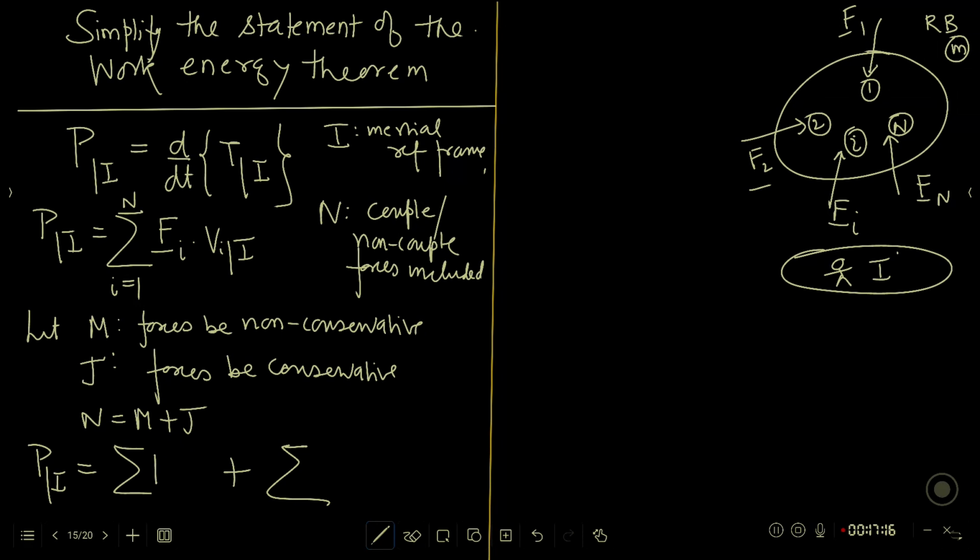I would say Fi non-conservative dot Vi, i going from 1 to m, and then there is another group, i going from 1 to j, conservative.